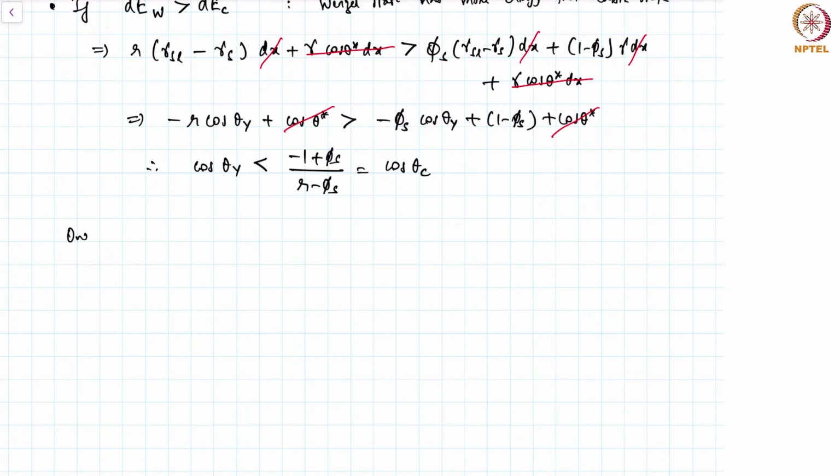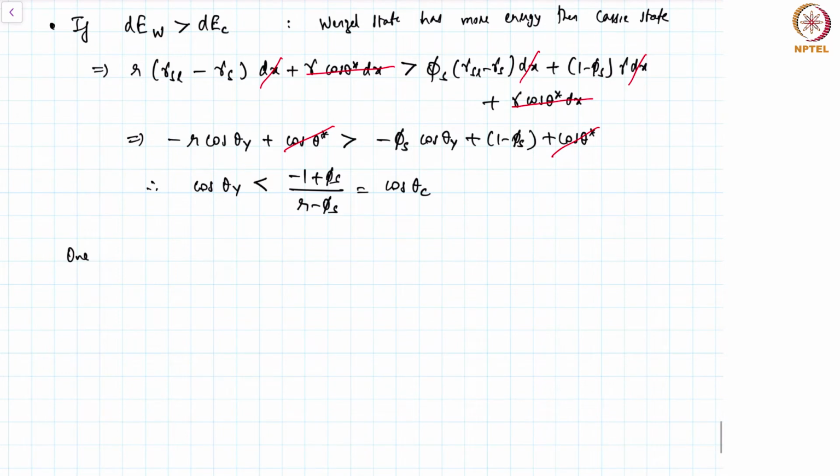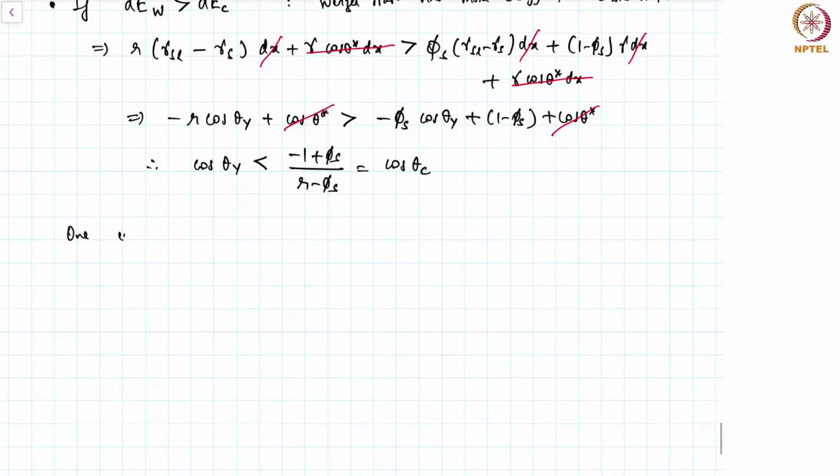So when dE_W becomes larger than dE_C, one expects the Cassie state to appear when cosine of theta y is less than cosine of theta c.